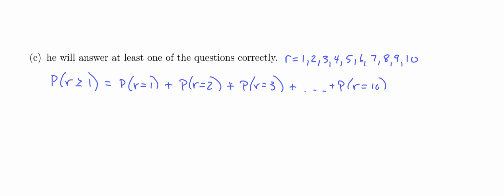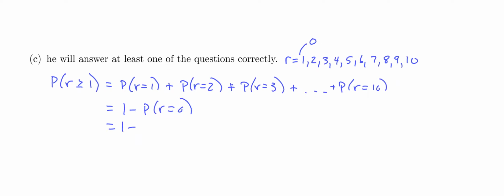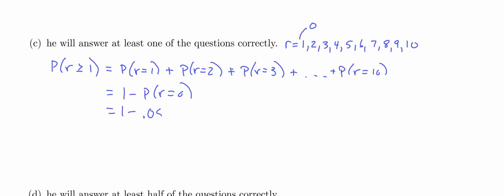However, we know that the only value of R we're missing here is 0. That would be quicker no matter what, but we've already calculated the probability that R is 0 from the previous part. We got that to be about 0.0563. All we have to do is subtract this from 1, and we have our answer.